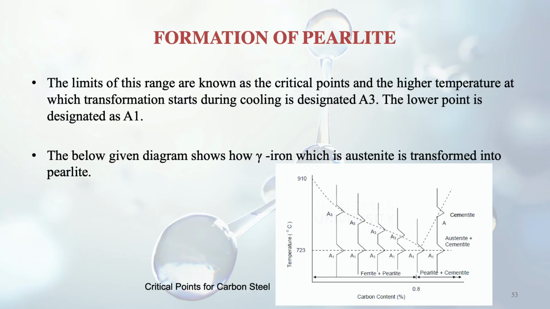A3 starting point is around 910 degrees centigrade, and A3 can be anything in between 910 and 723, it can take up that value. But A1 remains fixed at 723 degrees centigrade. This diagram is showing how gamma iron, that is austenite, is transformed into pearlite.